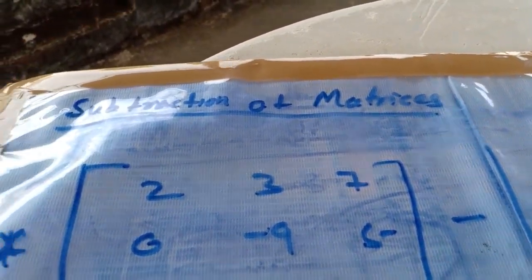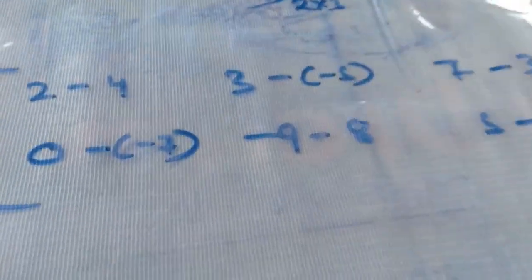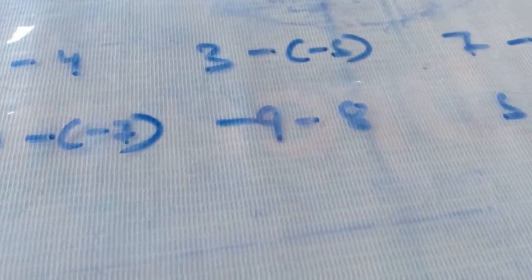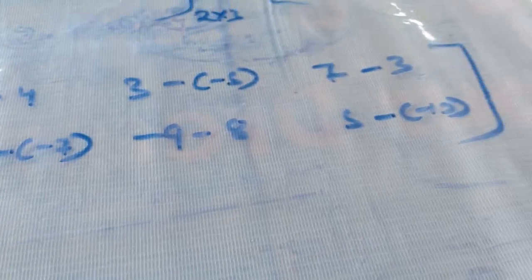So these are the examples: 2 minus 4, 3 minus 5, 7 minus 3, 0 minus 7, minus 9 minus 8, and 5 minus 10.